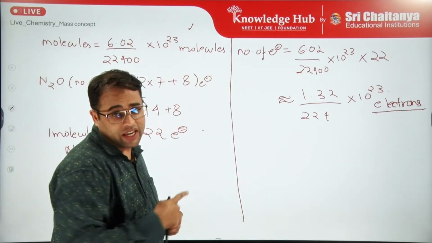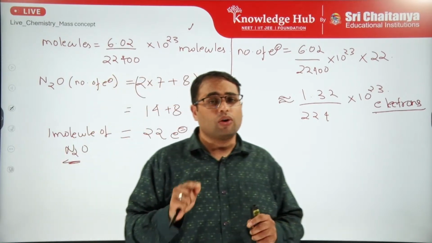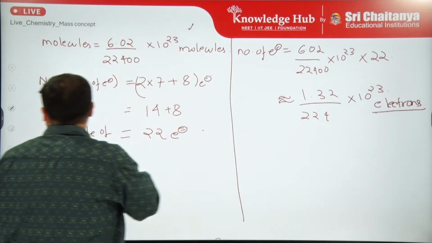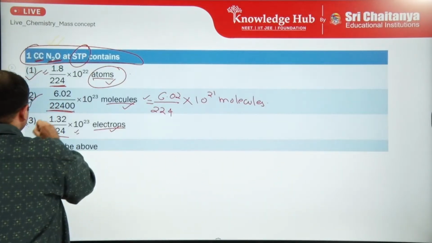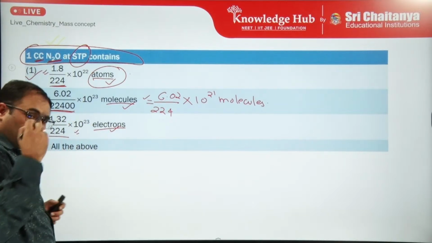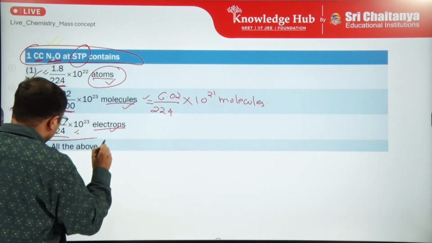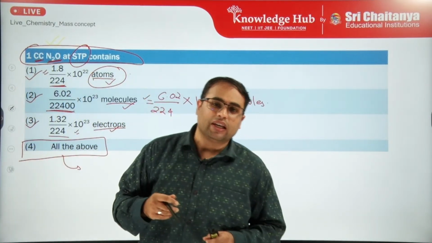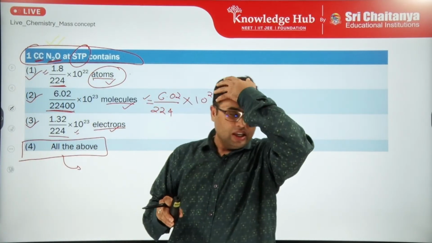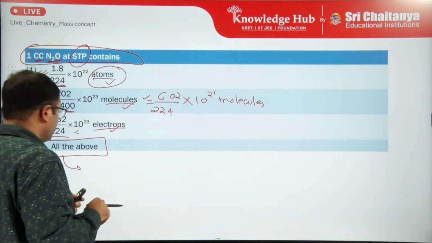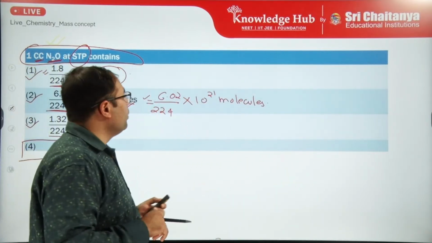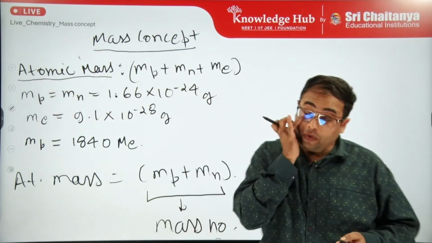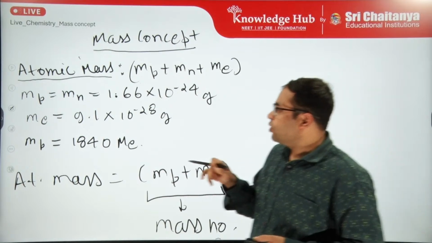So this question which I gave is actually a combination of 3 questions, right? So all 3 options are correct and the actual correct answer is this 4th: all the above are correct. Now this was a question which I gave in homework. Let us move on to today's concept, where we are talking about the mass concept.